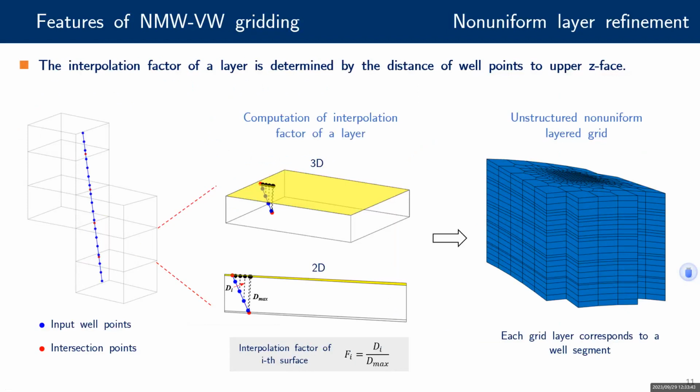After finding all the input well points and intersections located within a certain grid layer, we can determine the interpolation coefficient of the refinement layer based on the distance from the point to the top surface of the layer. Thus, we can obtain a non-uniform, refined, unstructured grid, as shown on the right.